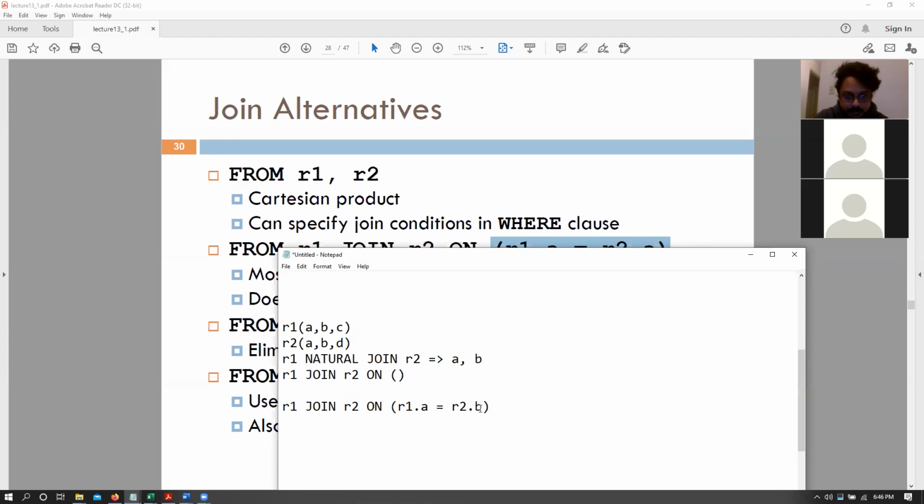Would it be something like R1.A equals R2.A and R1.B equals R2.B? Exactly.